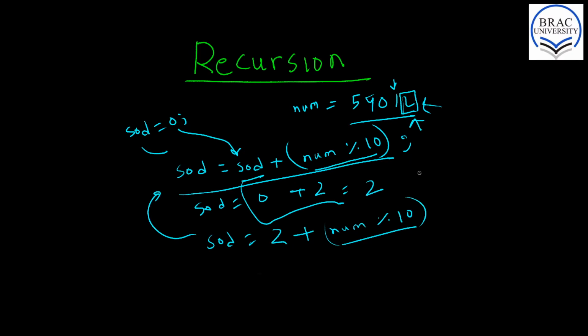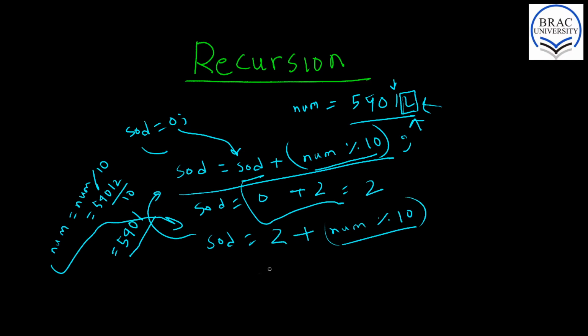For us to get 1 here, we need to divide this number by 10. So between these two operations, num will become num by 10, which is 54012 by 10. This will become 5401, because the point 2 won't be saved in the computer, since num is an integer variable.